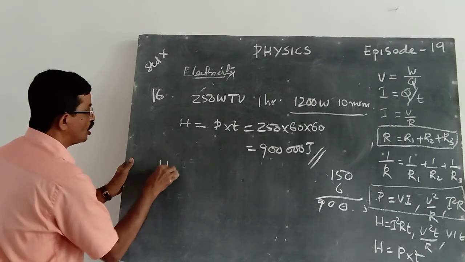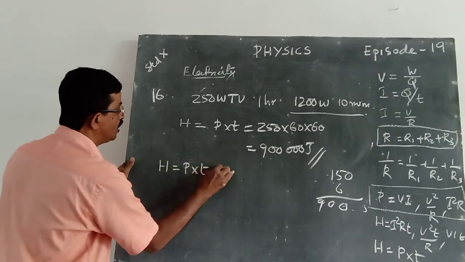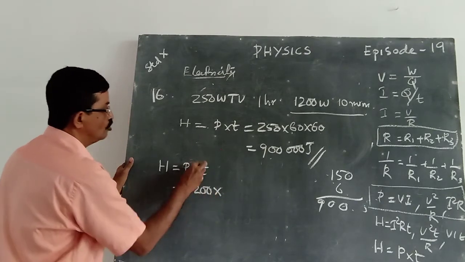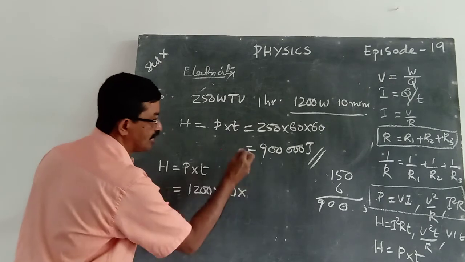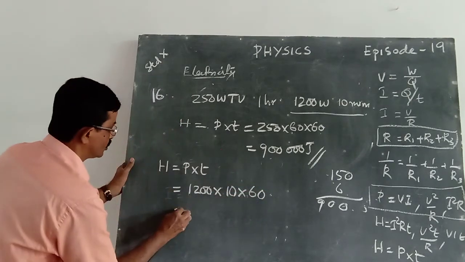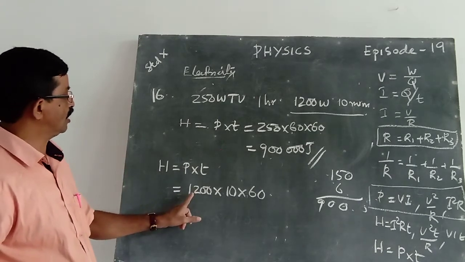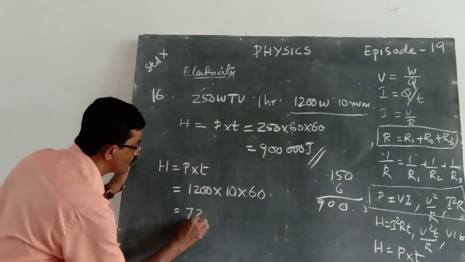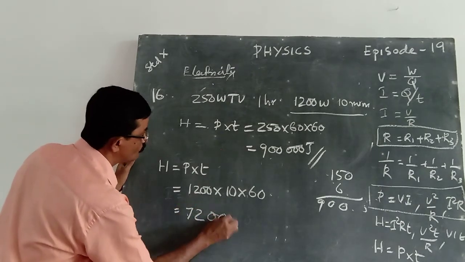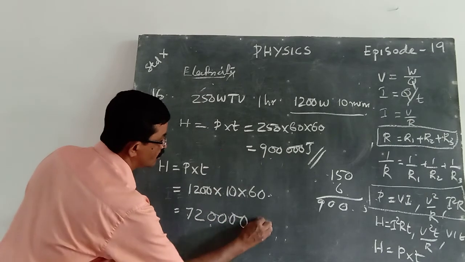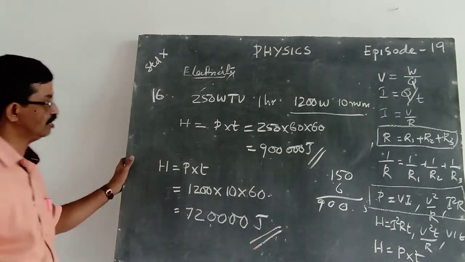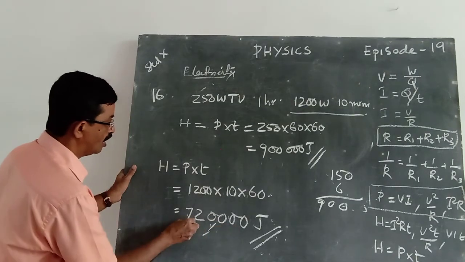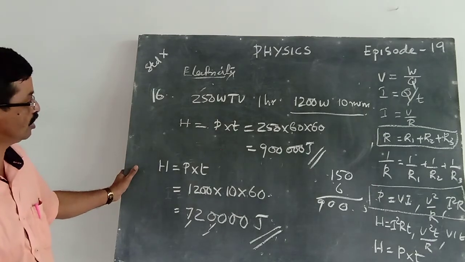H is equal to P into T, that is power 1200 into time 10 minutes, which we change into seconds. So 12 times 6 is 72, then putting the zeros, we get 720,000 joule of energy used by the toaster.